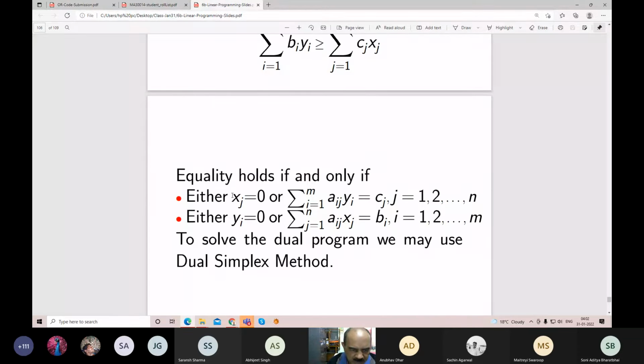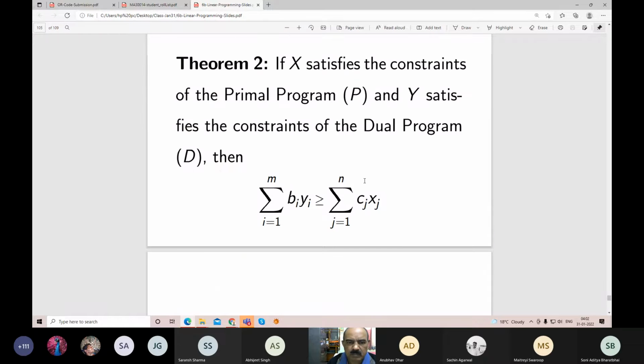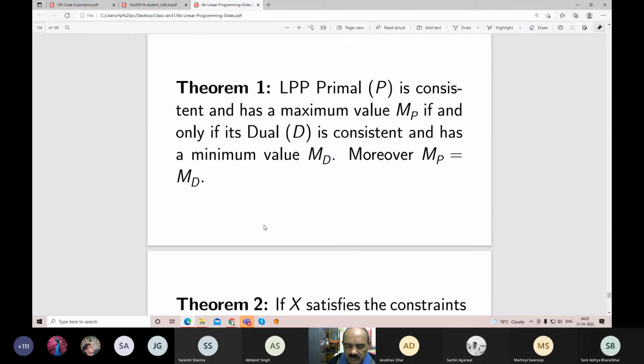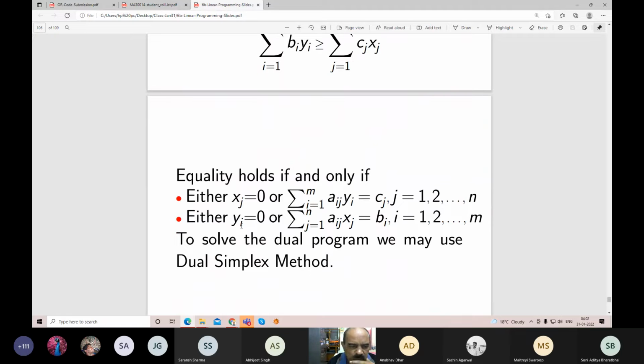And this result says equality holds if and only if either xj equals 0 or the summation over i from 1 to m of aij yi equals cj. Either this equals 0 or that equals cj.